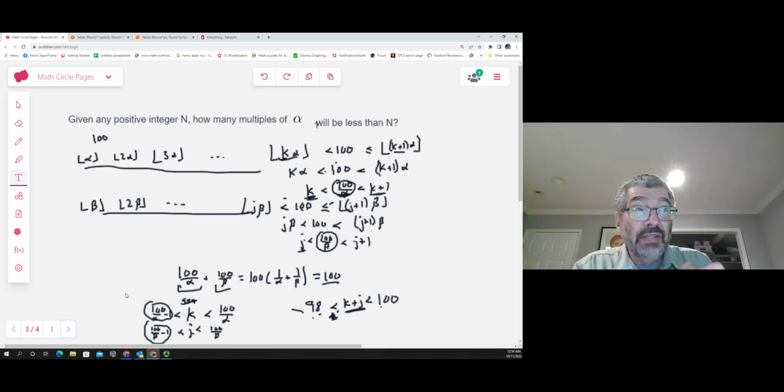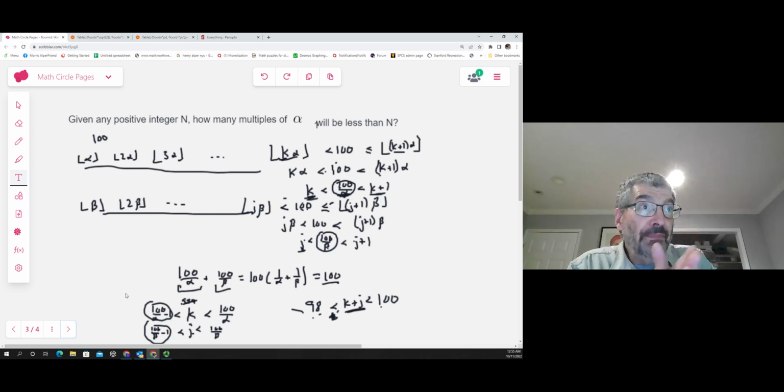But we know even more. Now this is towards the bottom of the screen there. 100 over alpha plus 100 over beta is 100 times 1 over alpha plus 1 over beta. And we're starting with two irrational numbers where the sum of their reciprocals is 1. So 100 times 1 over alpha plus 1 over beta equals 100. So that tells me that k, the integer, is less than 100 over alpha, and it's greater than 100 over alpha, that quantity minus 1.